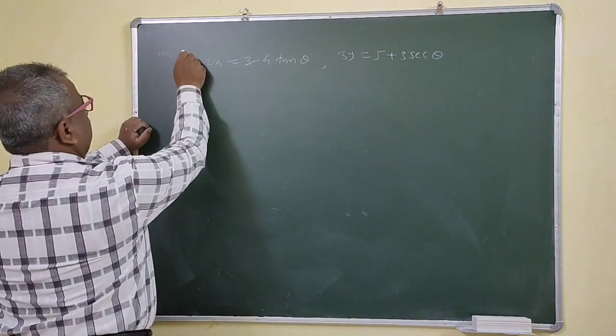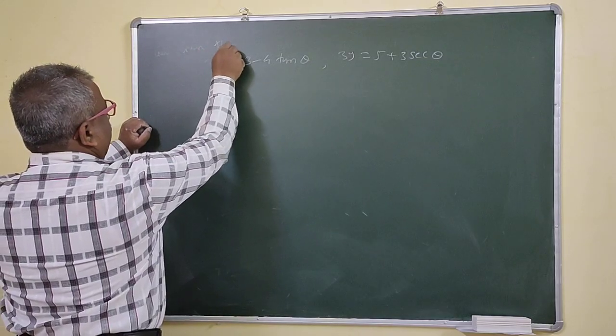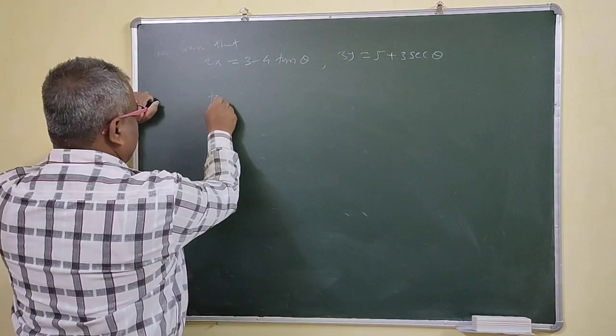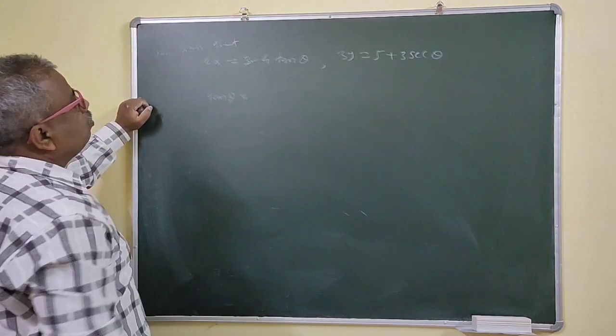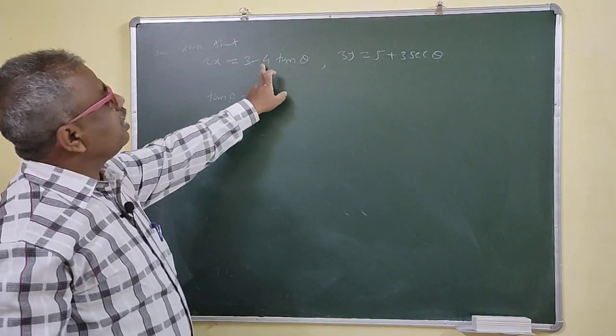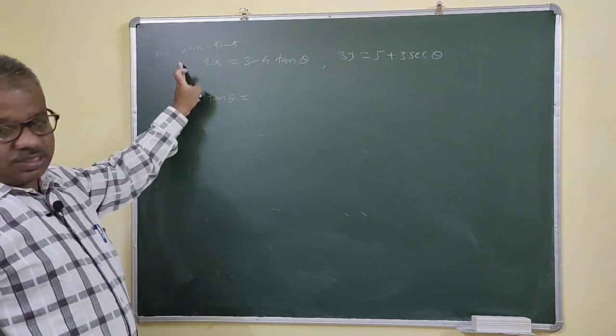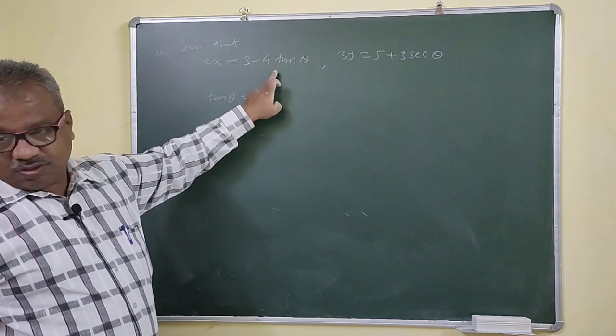Okay, solution. Given that, we will find the value of tan theta from the first one. Tan theta is equal to, what to do now? 4 tan theta will shift to that side, and twice x will shift to this side.